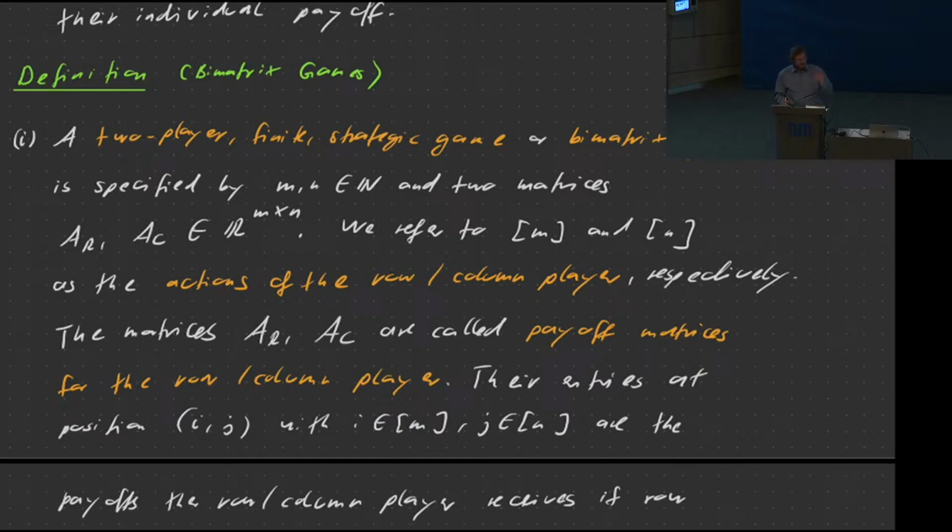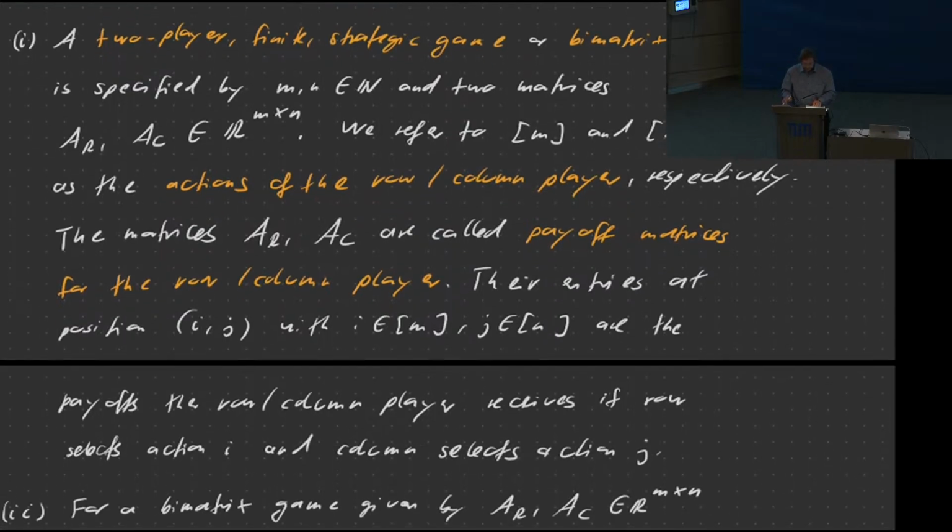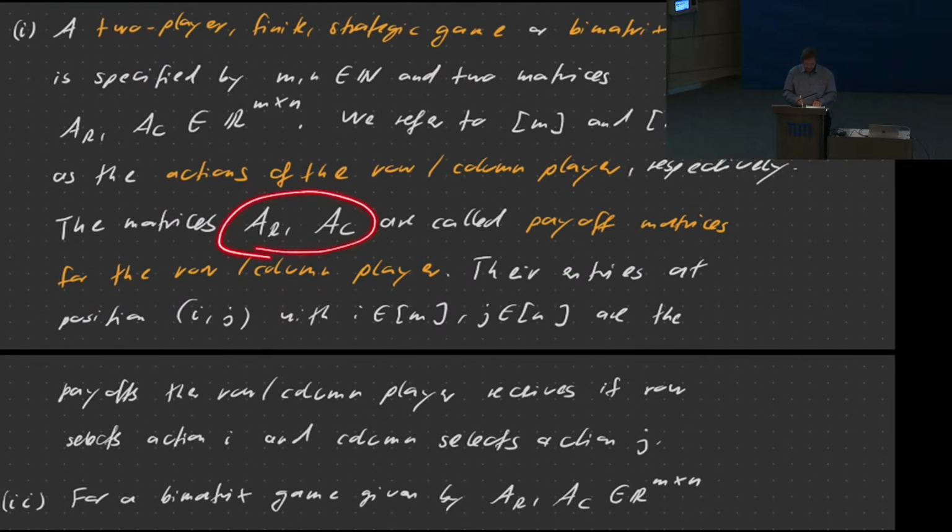And then the number of rows and the number of columns is called the set of actions that are available to the row and the column player respectively. And those 2 matrices are called the payoff matrices. Right? And as I said, their entries encode what payoff row or column get for any specific outcome of the game.